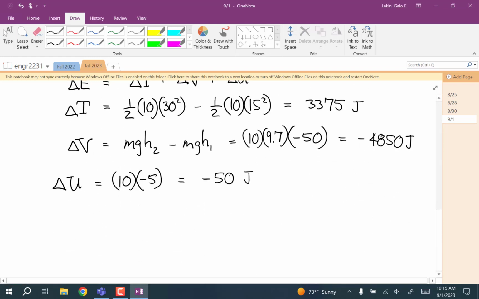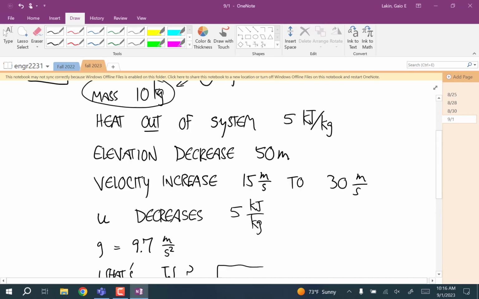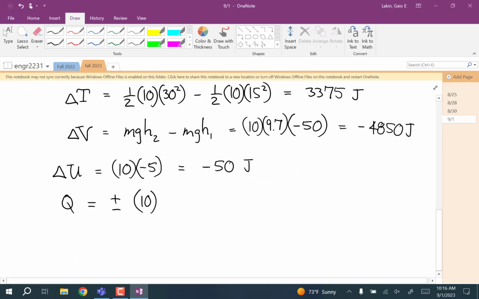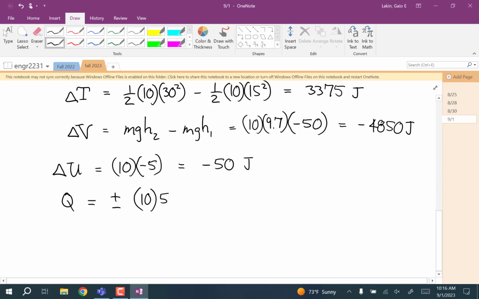So heat is going to be plus or minus the mass times 5. So that's plus or minus 50 joules.